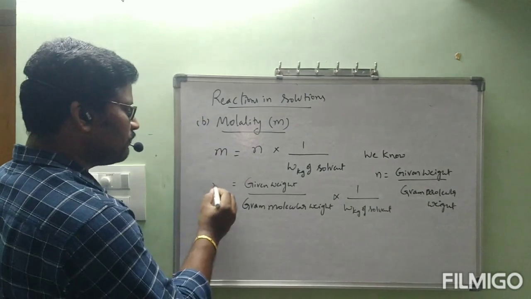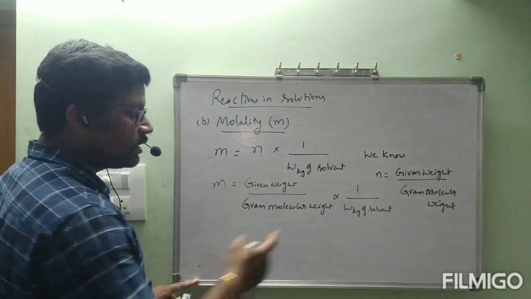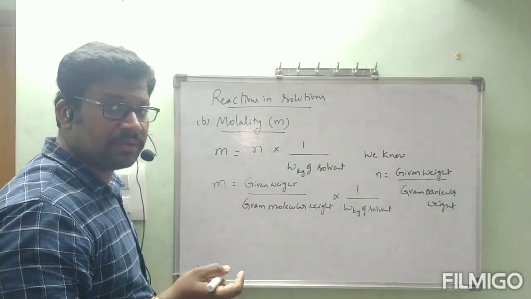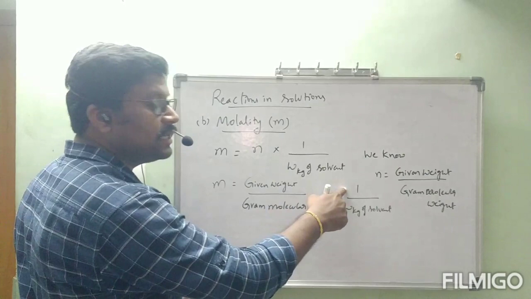This is one formula for molality. As well, if you convert these kilograms into grams, 1 kilogram equals 1000 grams, so we will get 1000 in the numerator.